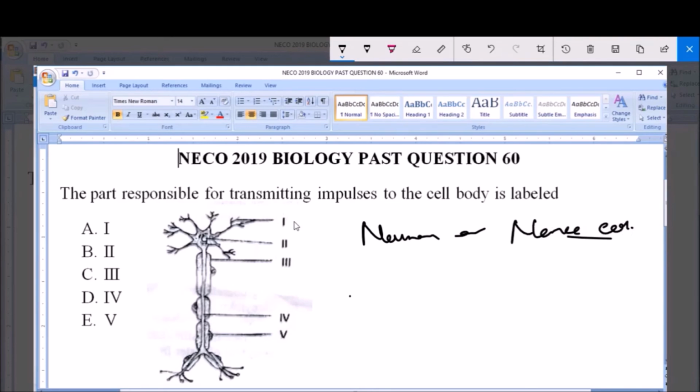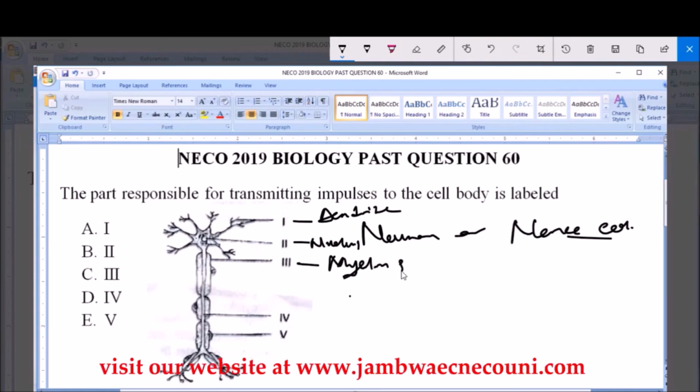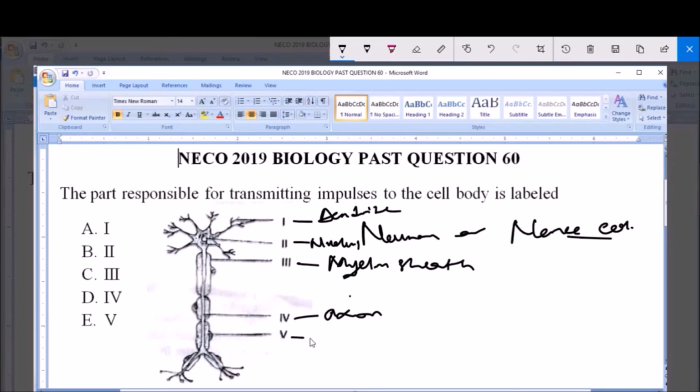I here represents the dendrites. II here represents the nucleus. As you can see, the nucleus is present in the cell body. III here represents the myelin sheaths. IV here represents the axon, and V here represents the Schwann cell.